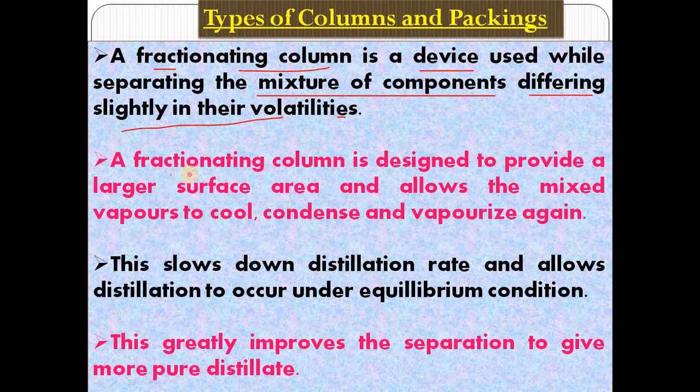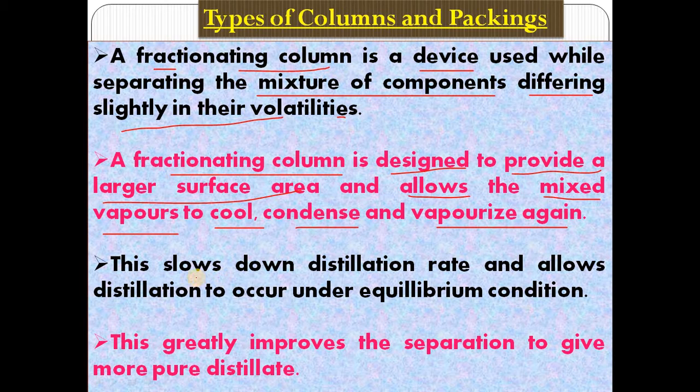A fractionating column is designed to provide a larger surface area and allows the mixed vapors to cool, condense and vaporize again and again. This phenomenon takes place when we use a fractionating column to separate two liquids having a small difference in their boiling points.